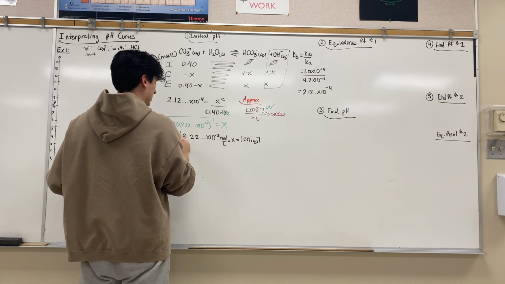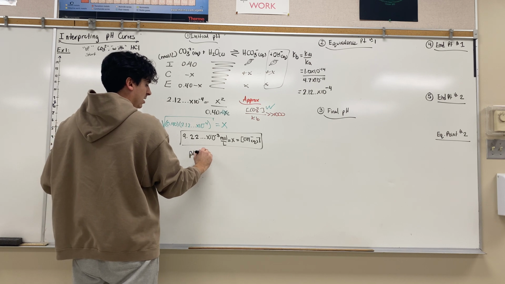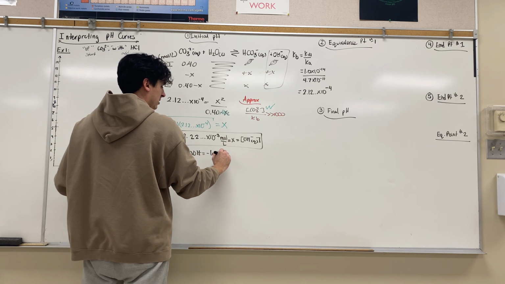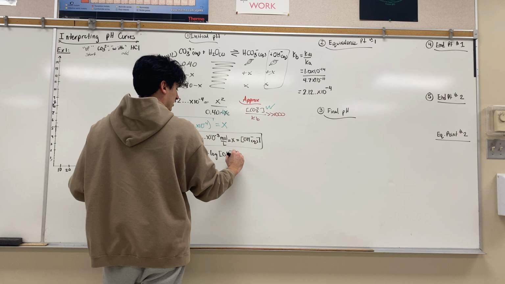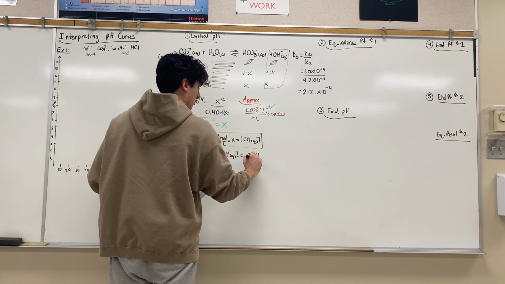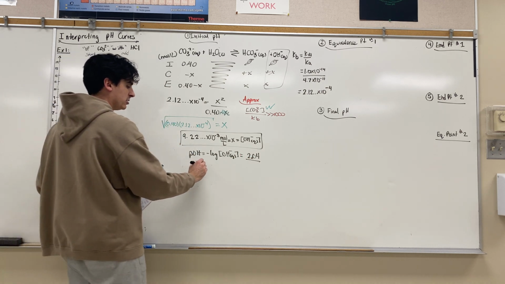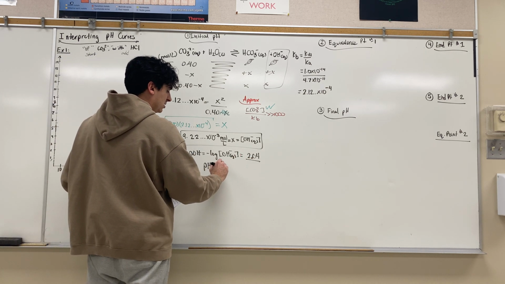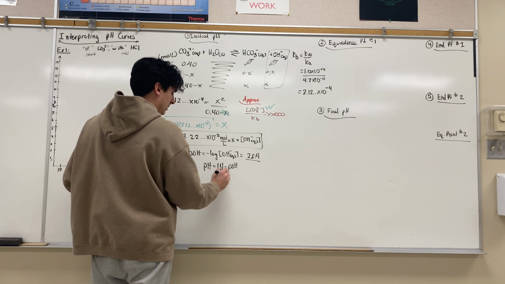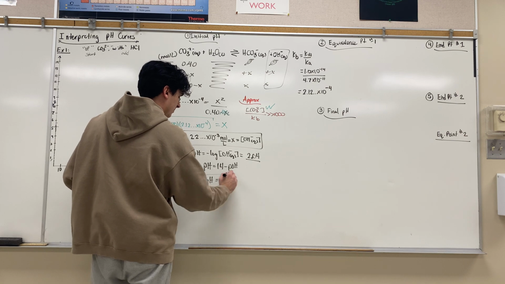That's going to allow us to calculate our pOH. But we don't really care about our pOH, but we got to do it because it's part of our process. And that's going to give us a pOH of 2.04. Now, we find that we don't want that, we want the pH, so we subtract the pOH from 14, and what we're going to get is 11.96.